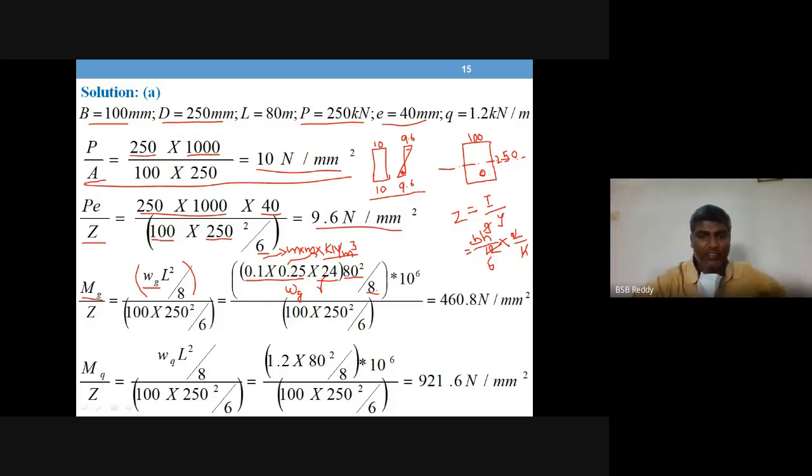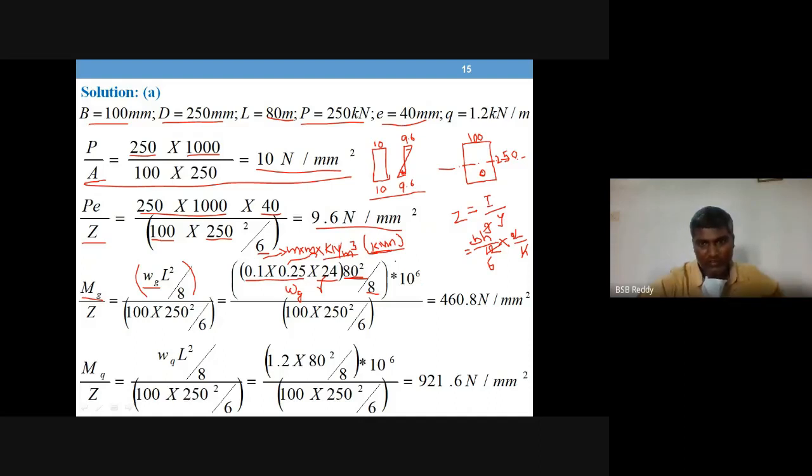WL square by 8 is in kilonewton meter, because W is kilonewton per meter, into 80 meter square, so kilonewton meter finally. The stress shall be in Newton per mm square, so we have to convert this into Newton mm.